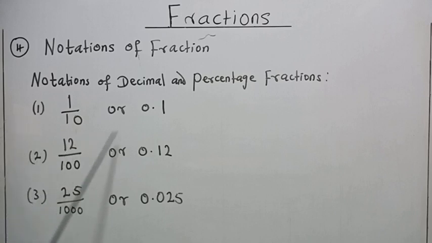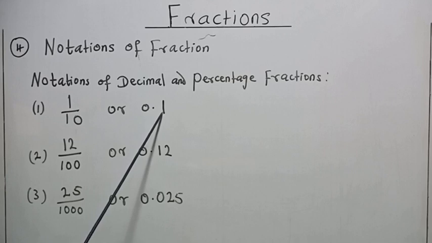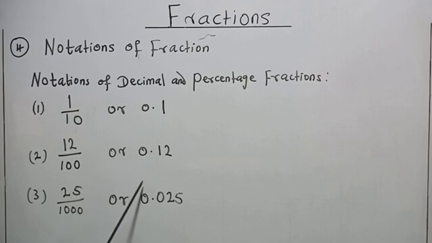Move to the second one. From how many portions were 12 picked? 12 were picked from 100. Come again to this notation. After this point, towards the right place, how many digits are written? 2. 2 zeros in 100, 2 digits in this notation. 1 zero in 10, 1 digit in this notation. 3 zeros in 1000, 3 digits in this notation.